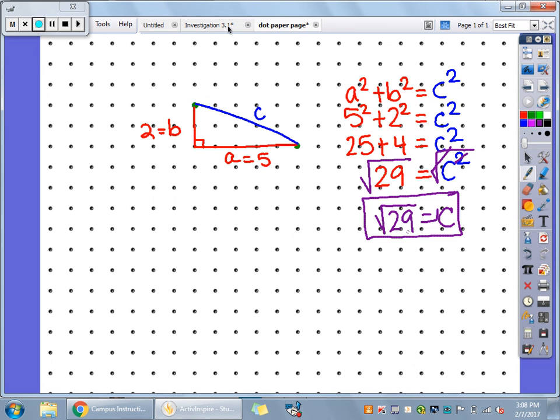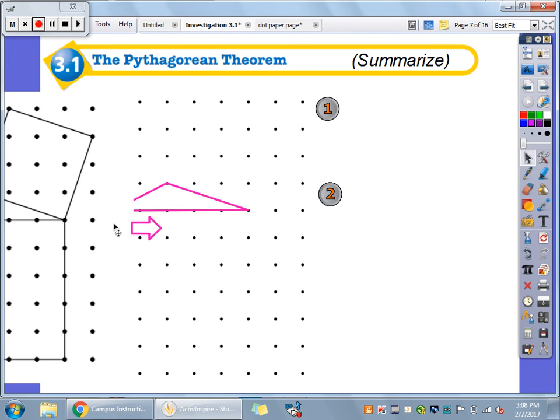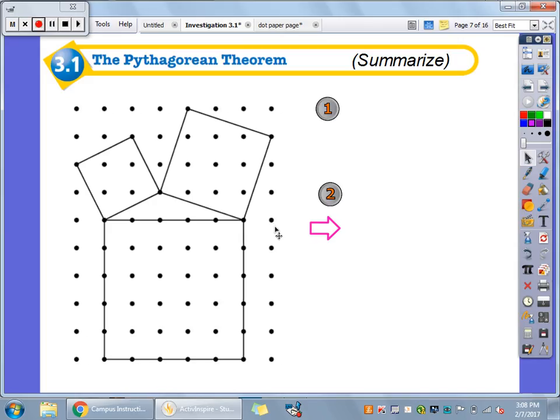Okay, one very last thing, I promise, and then I think we should be done. One other thing to note is that the Pythagorean theorem only works for right triangles. If we have this square right here, we've done this one before, we know that the area here is 5, the area of this one is 10, and the area of this is 25.